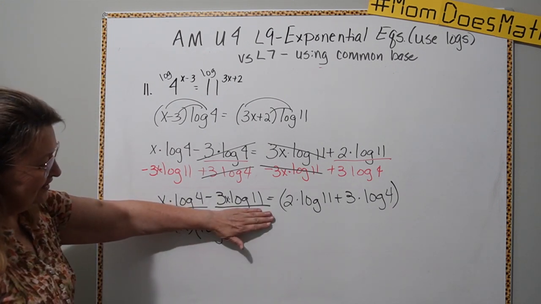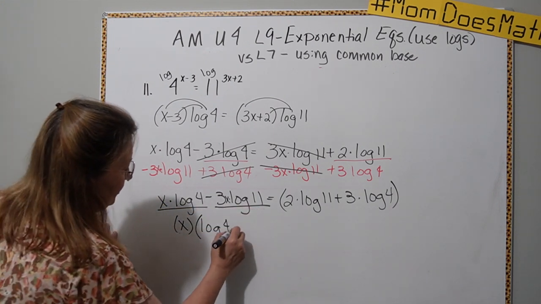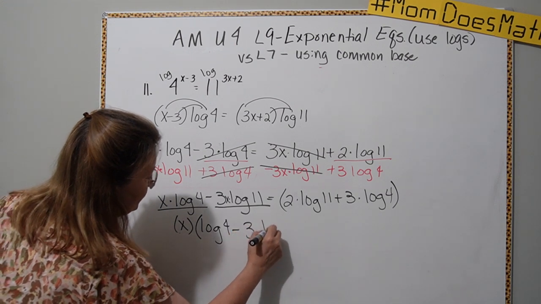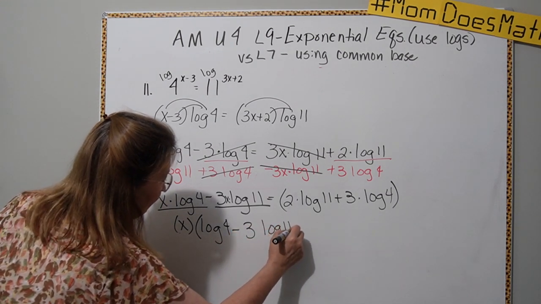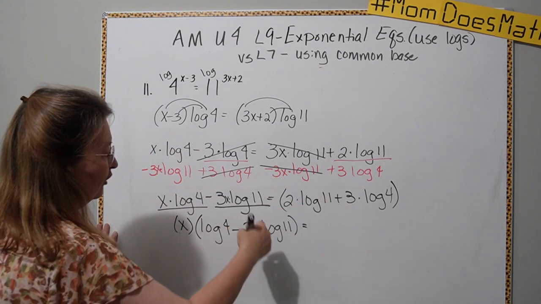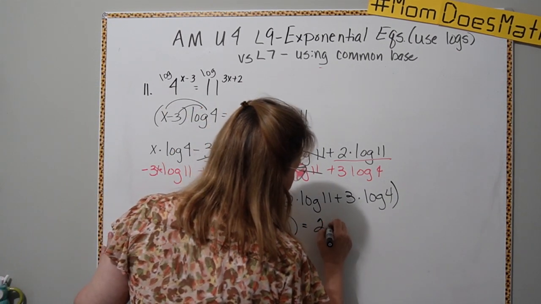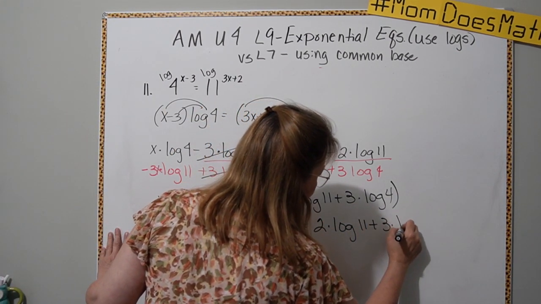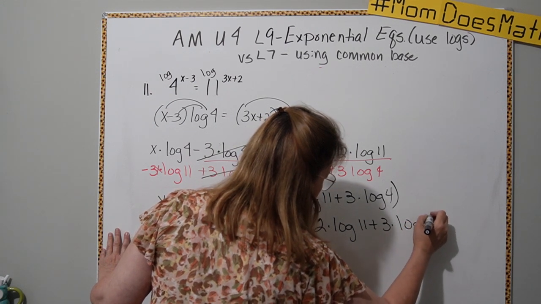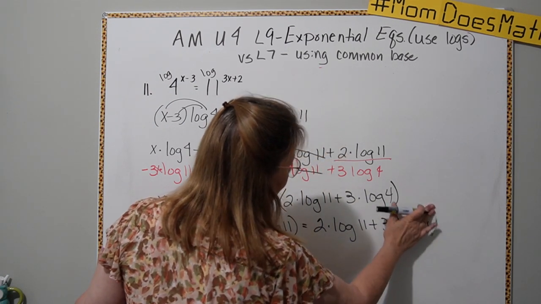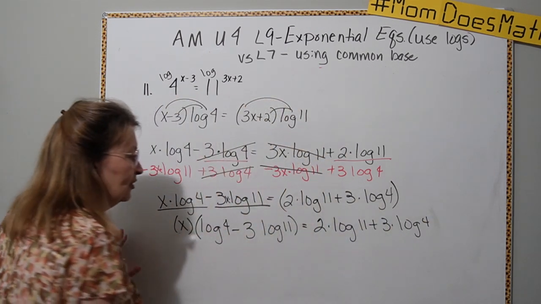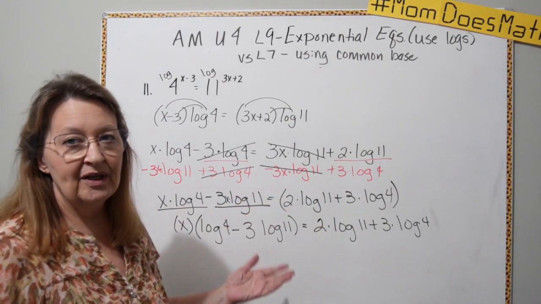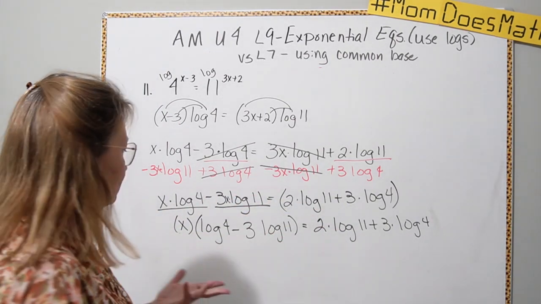If I divide an x out of here, what do you have? Minus 3 log 11, okay? Nothing over here is changing. I still have 2 times log 11 plus 3 times log 4. You really don't want to put it in the calculator and make it into a decimal until you get to the end, because that gives you a more exact answer.